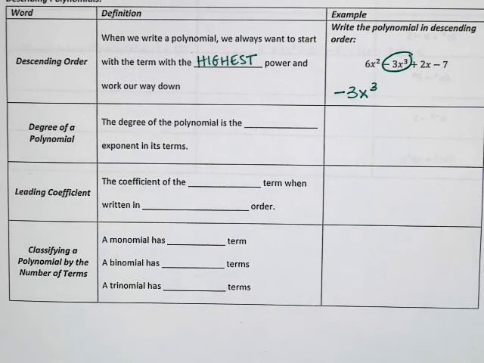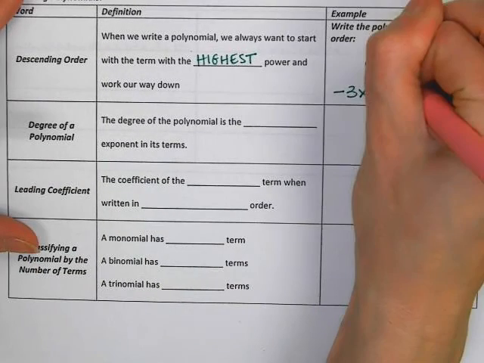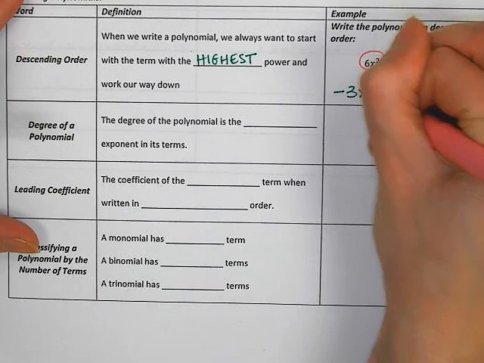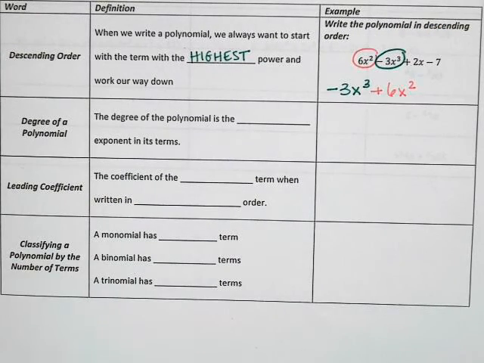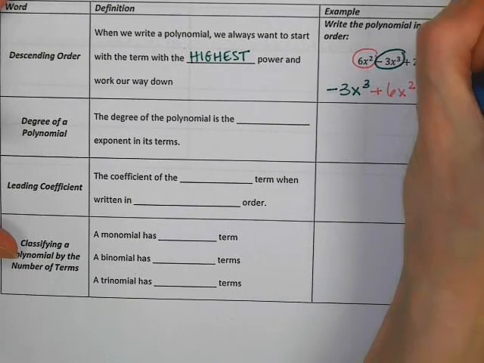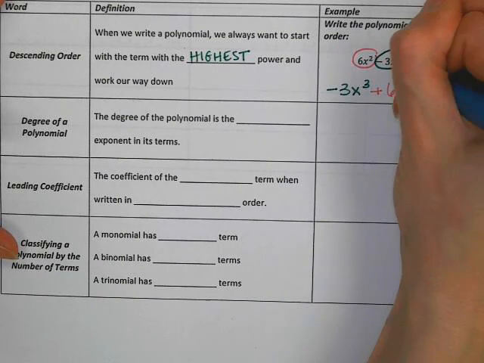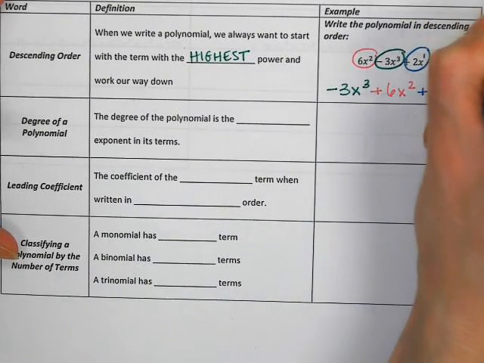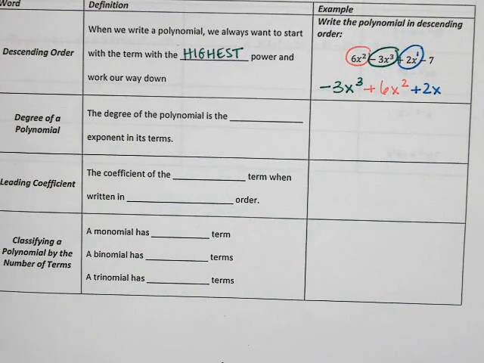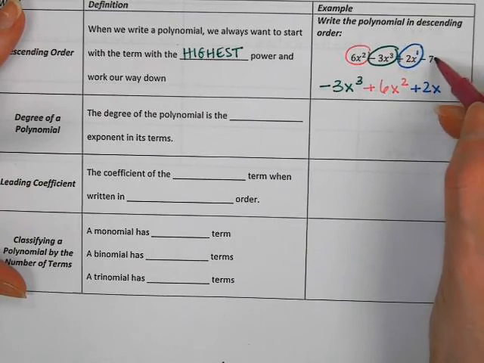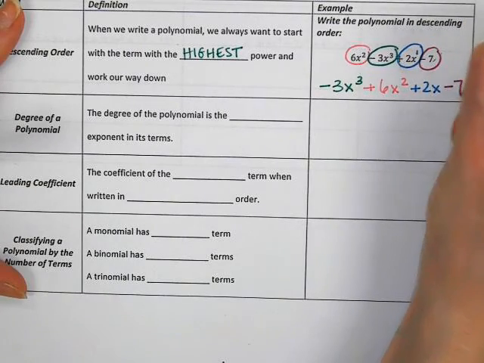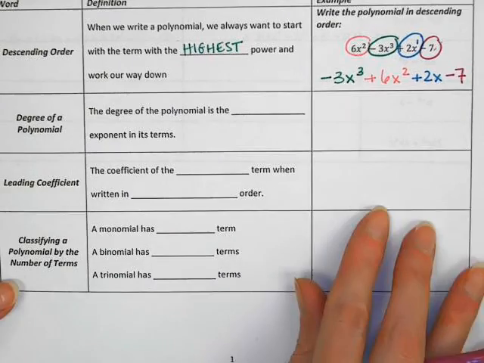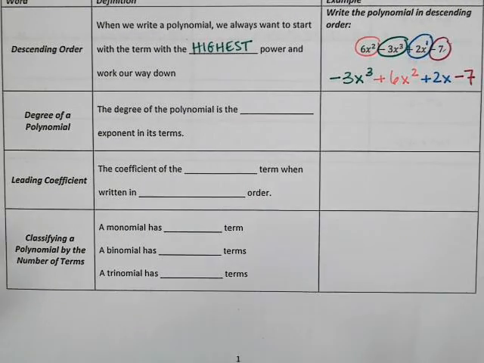Then you find the next highest exponent, that would be this term, and you write that one second. Then you find the next highest exponent. This one's kind of like a 1, so that would come next. And then the term with the smallest exponent, which would be like x to the 0, would obviously go last. So that's called descending order. You always want your polynomials in descending order.